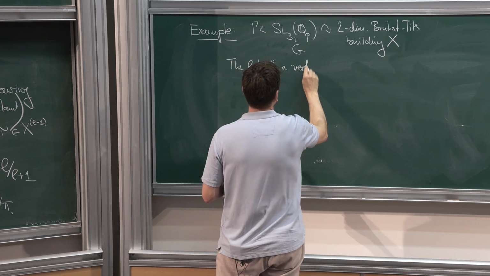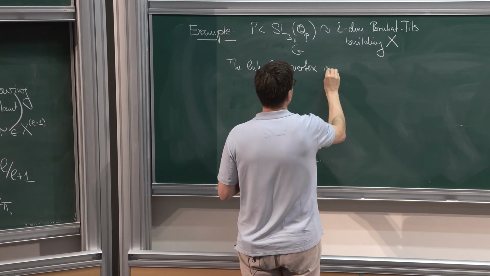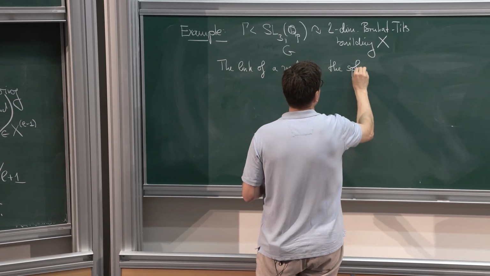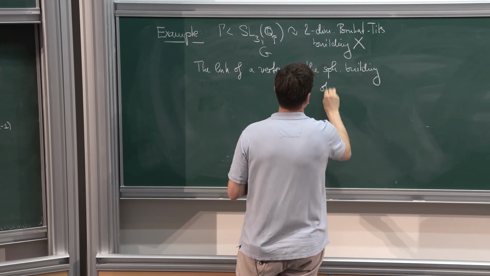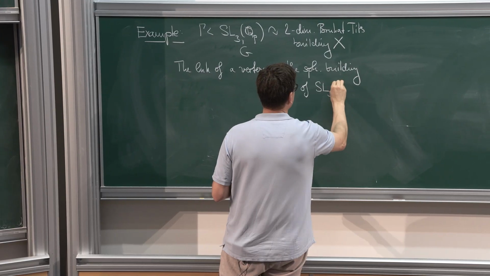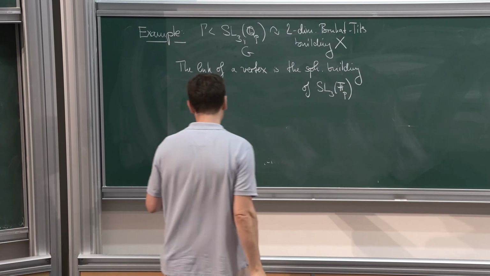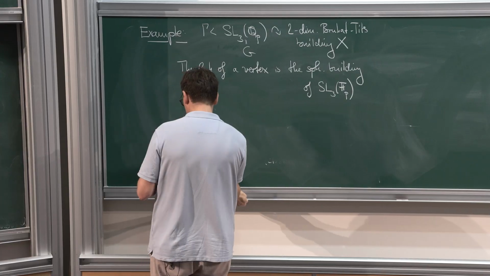So the link of a vertex is the spherical building of SL_3(F_p), and it's something very concrete.